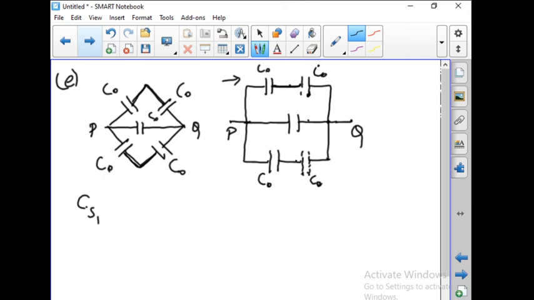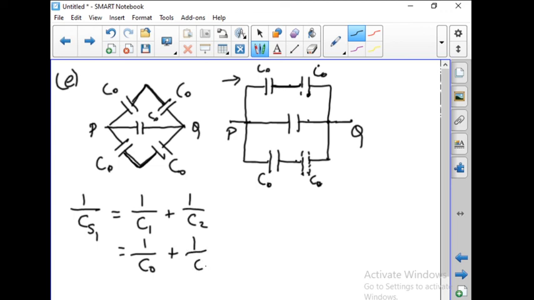So what is the equivalent capacitance? We can write it as 1 by CS1 is equal to 1 by C1 plus 1 by C2. And here the capacitances are C0 and C0, which is equal to 2 by C0.